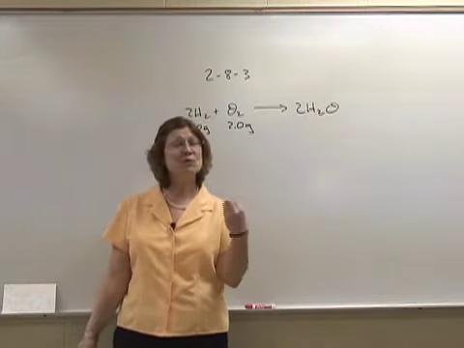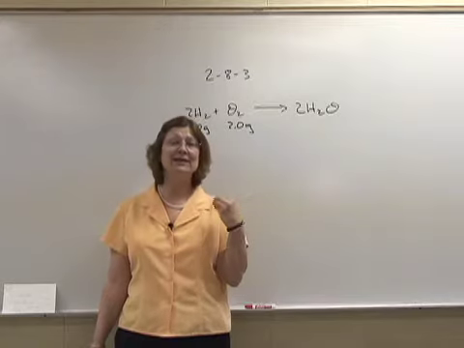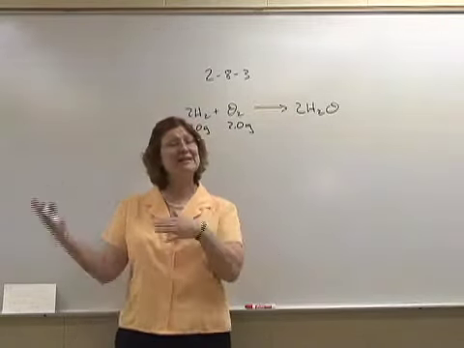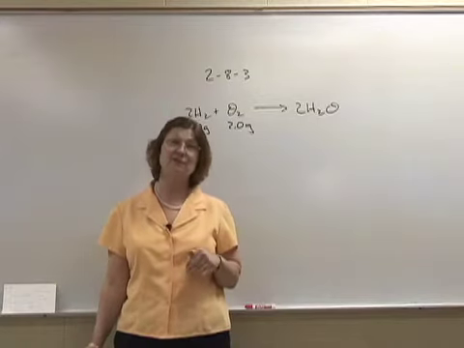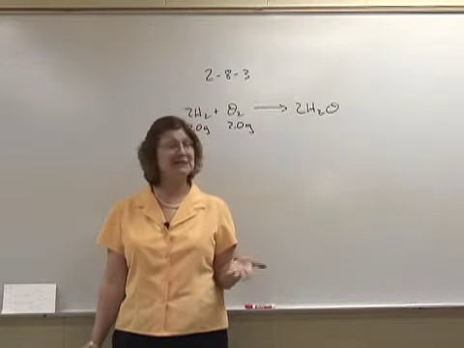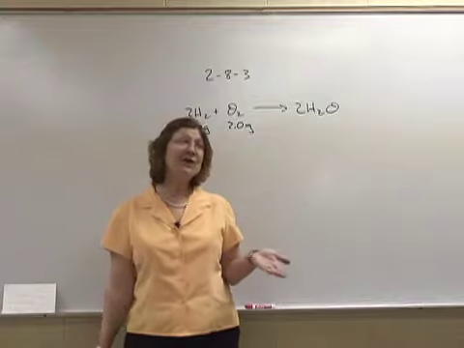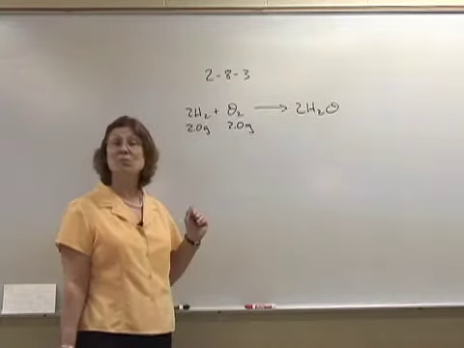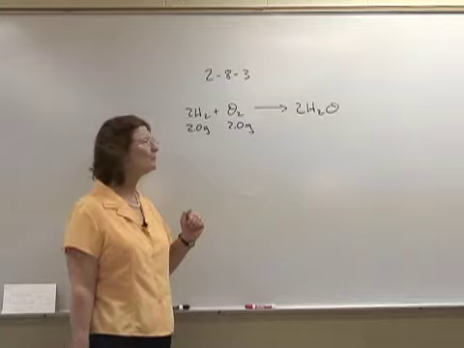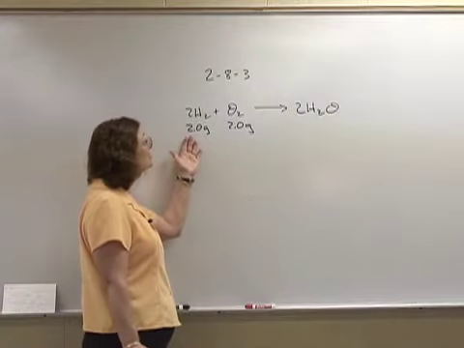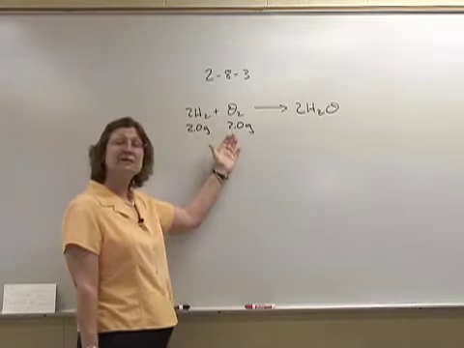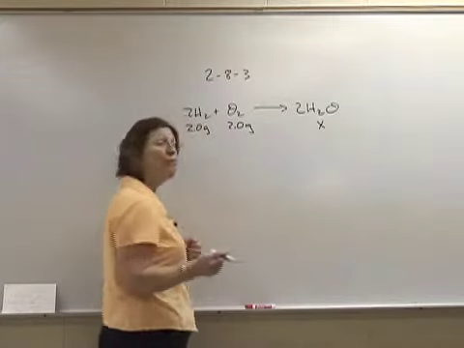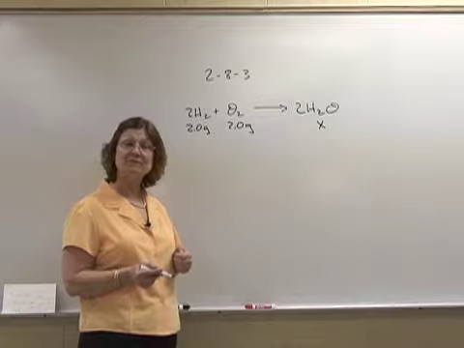And the one that I'm going to run out of is called a limiting reagent. And the one that I have plenty of is called an excess reagent because it's left over. And when we have this in chemistry, I'm going to use the equation that we had from the warm-up where we made water. And I have 2 grams of hydrogen and 2 grams of oxygen, and I want to know what mass of water can be produced.